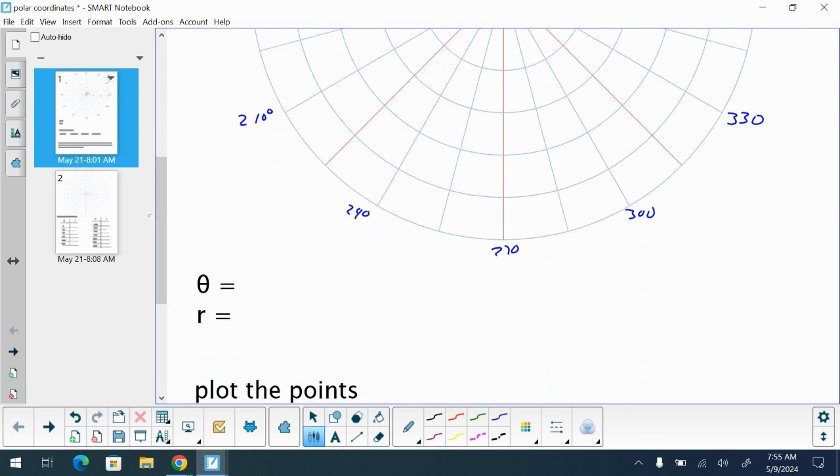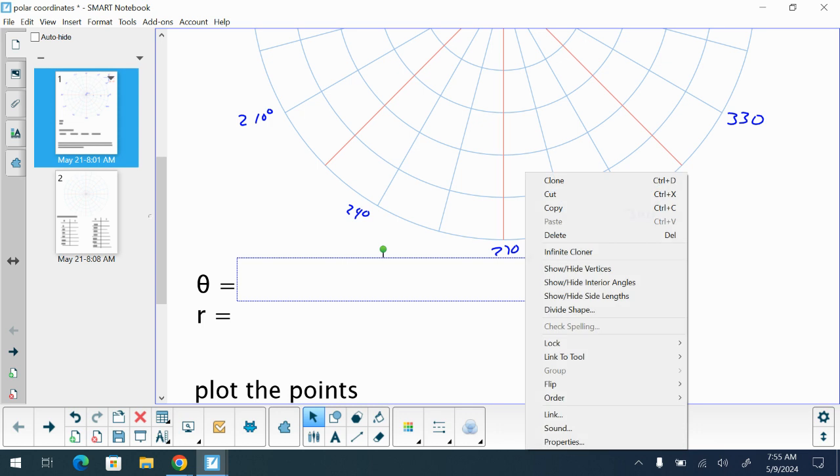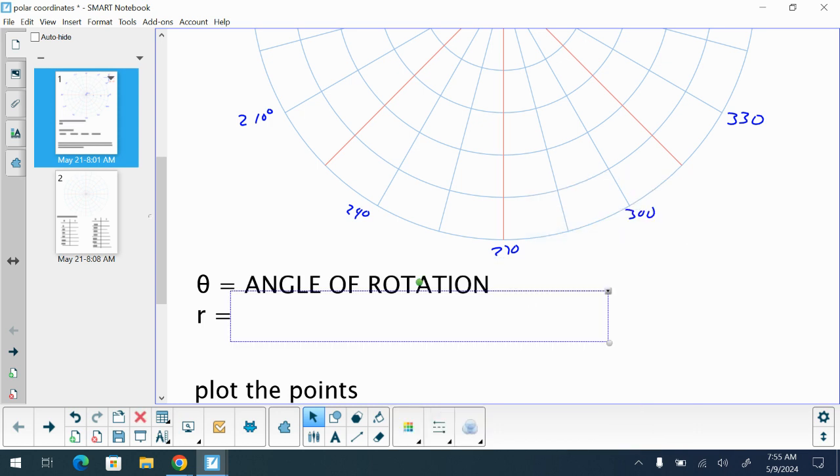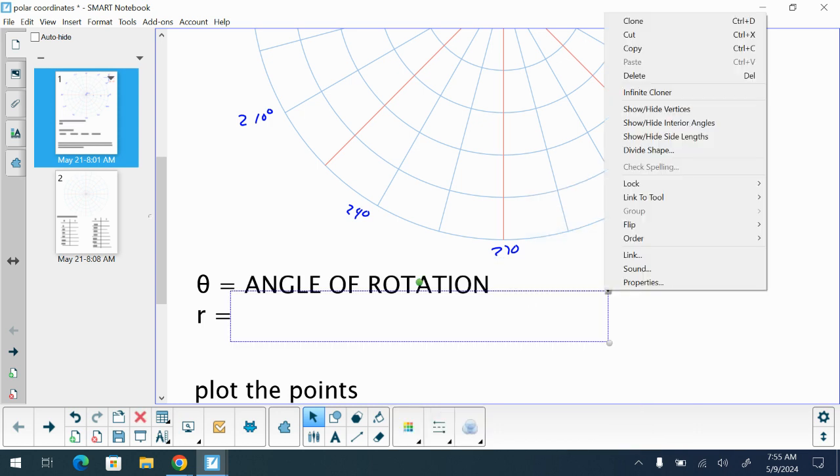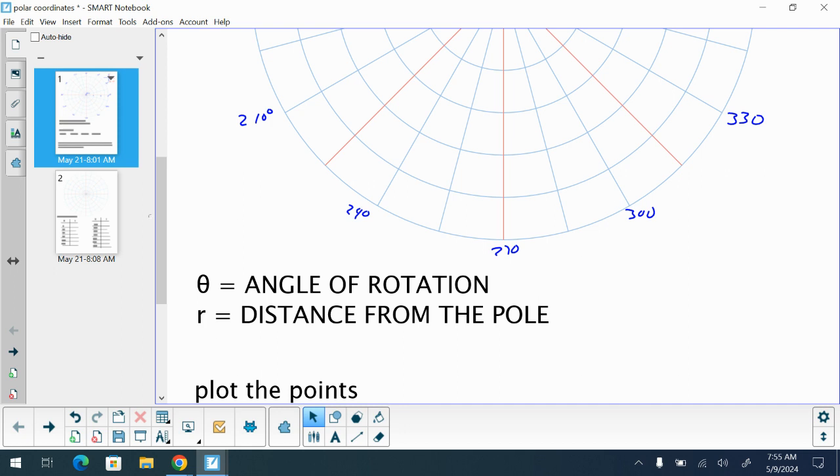So when we talk about theta, theta is an angle of rotation, and r is a distance from the pole.